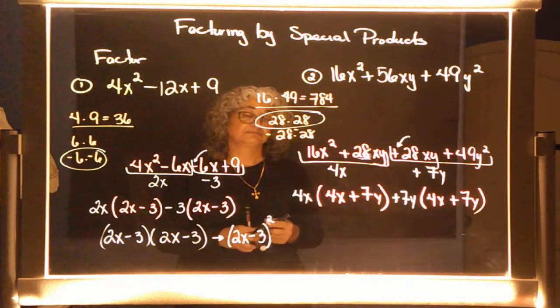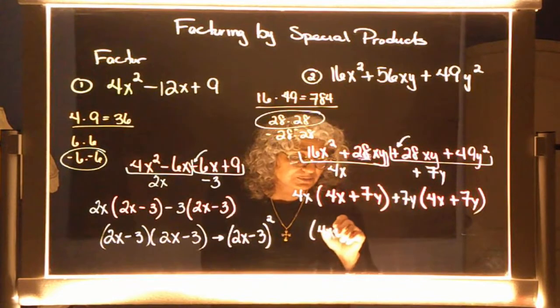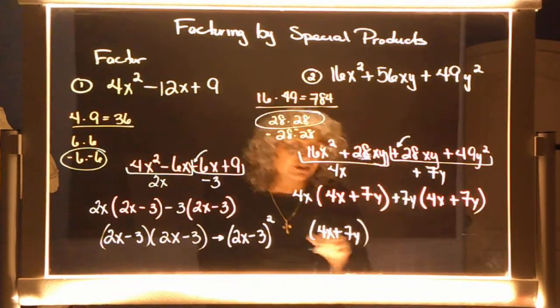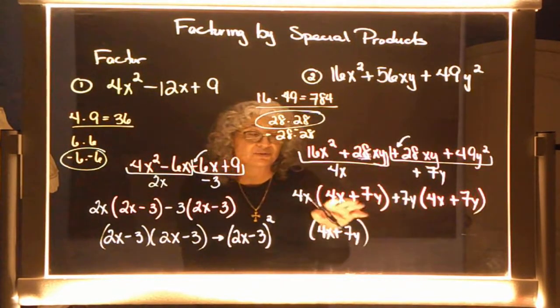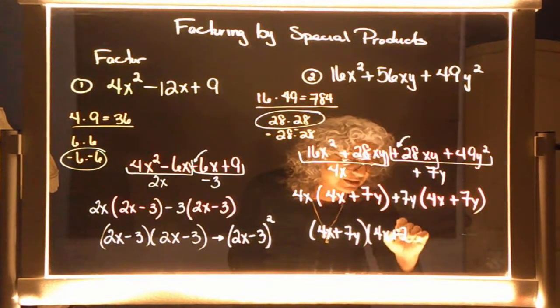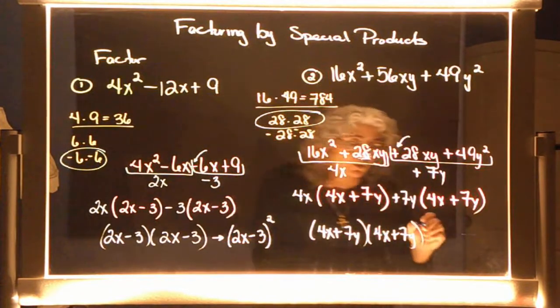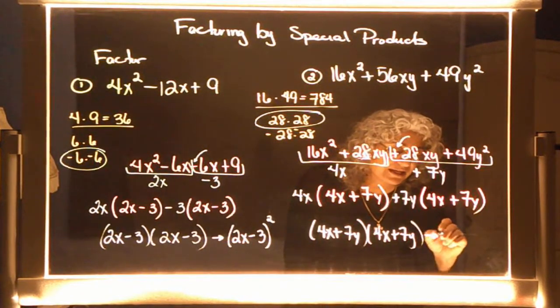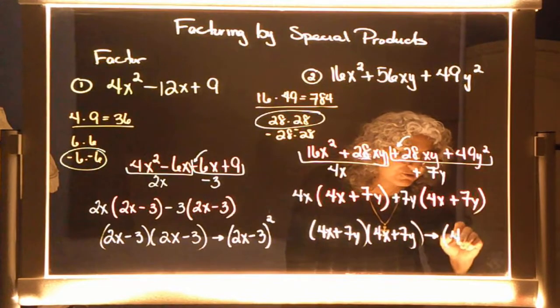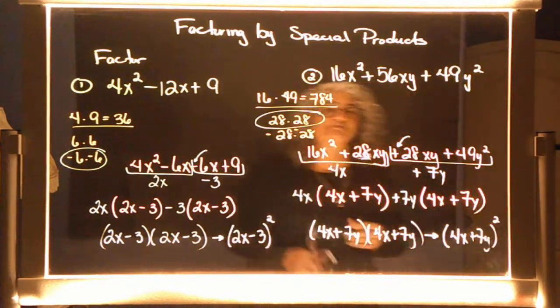So it looks like the 4x plus 7y was distributed to another 4x plus 7y. Cool. Or, that's right, you can write it as the quantity of 4x plus 7y squared.